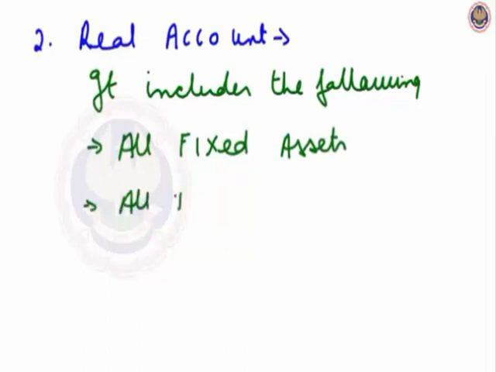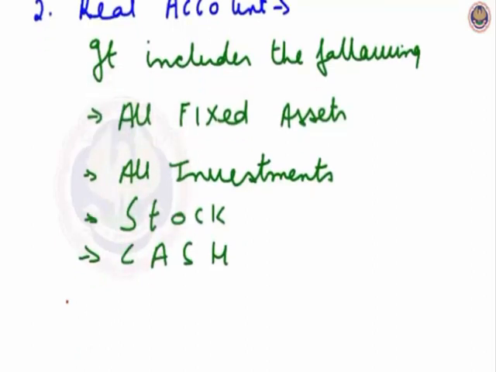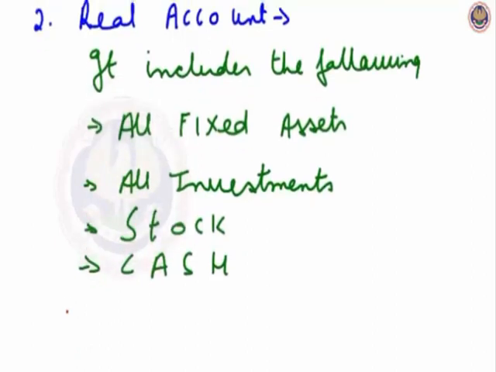All investments. Stock, cash. Only these type of items are shown in the real account. And real account is always shown on the asset side of the balance sheet because real account we do not show on the liability side.